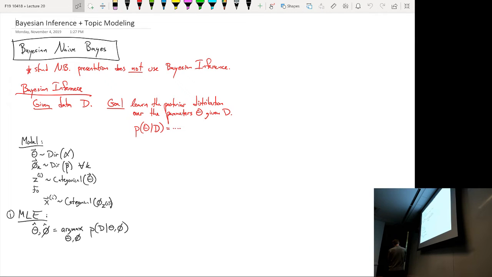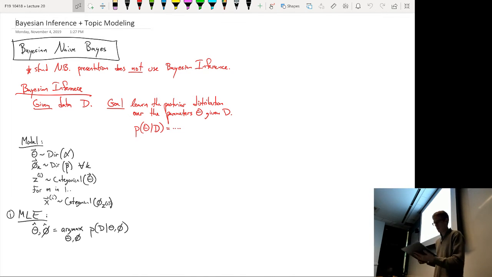So here we could say for each feature, up to capital M, we sample that nth feature from a categorical. And then we do this for every training example. The whole point here is just that x_i is a single feature or a single word in our document.